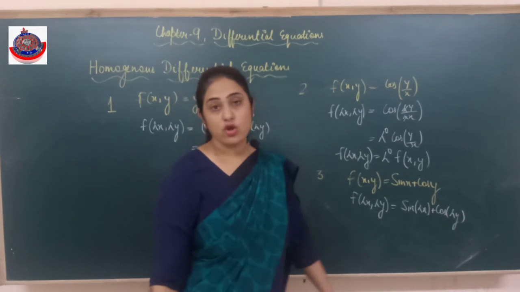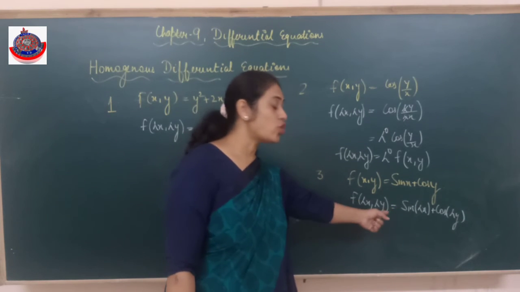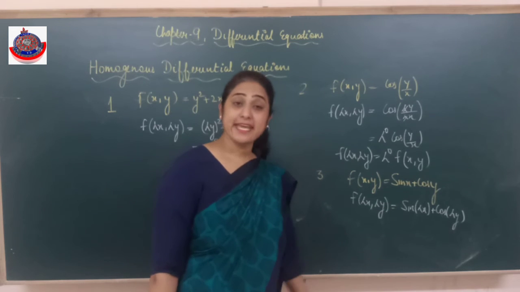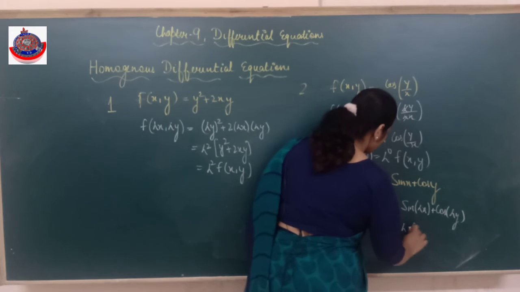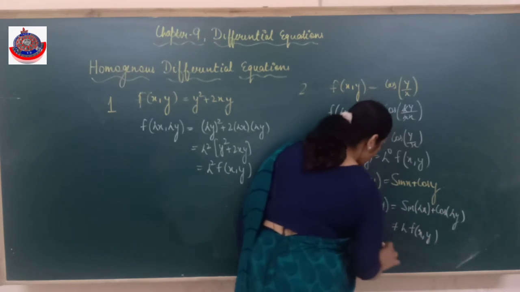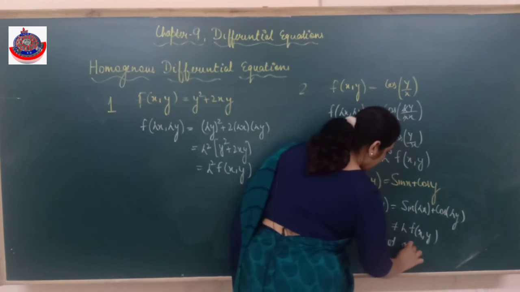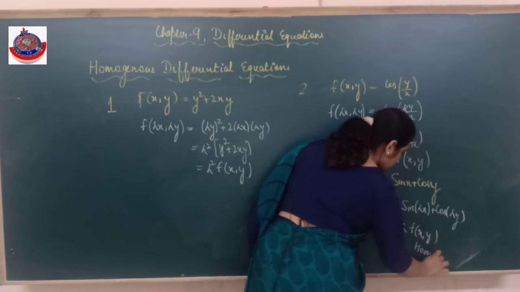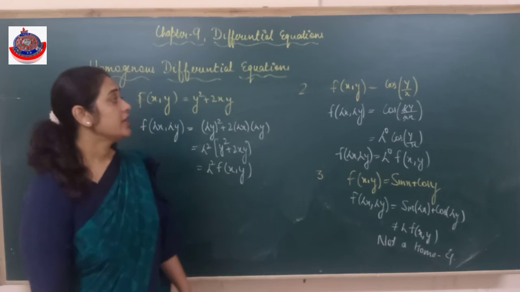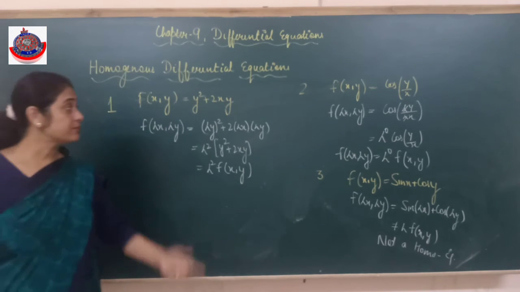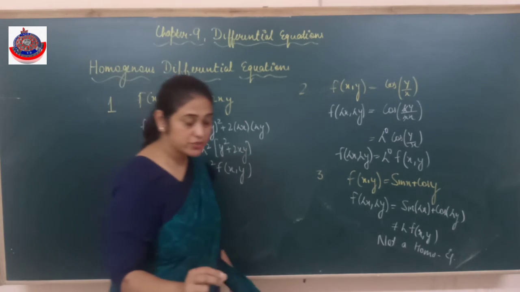Now I can't take lambda common. Lambda from cosine cannot come out. That means this cannot be expressed in the form of this. So it is not a homogeneous differential equation. I hope children it's clear by now what homogeneous differential equations are.